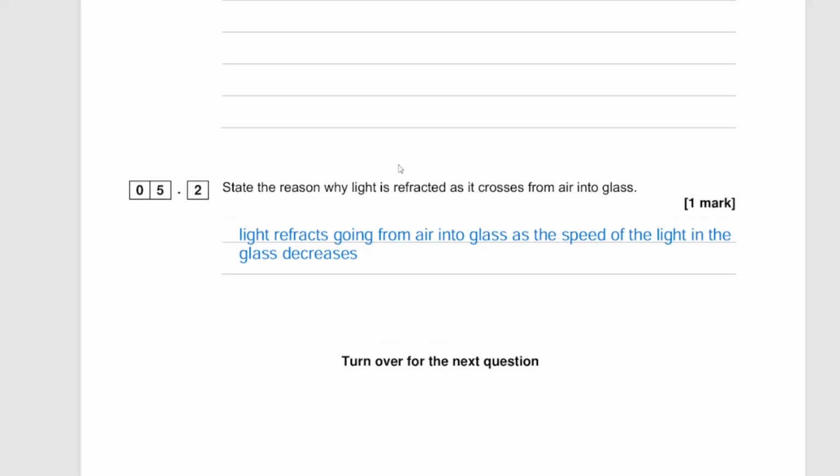5.2, state the reason why light is refracted as it crosses from air into glass. Light refracts going from air into glass as the speed of light in the glass decreases. Now, you may have been taught that the speed of light is 3 times 10 to the 8, which is true. That's technically in a vacuum, with it barely changing in air.